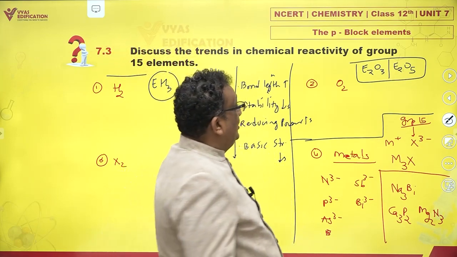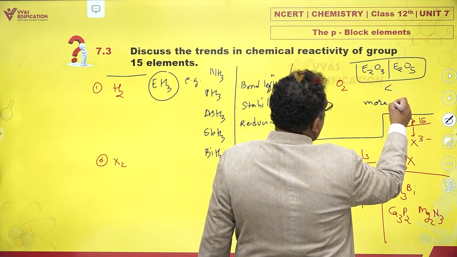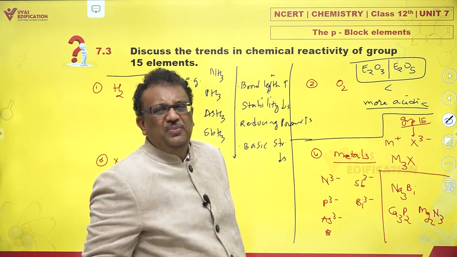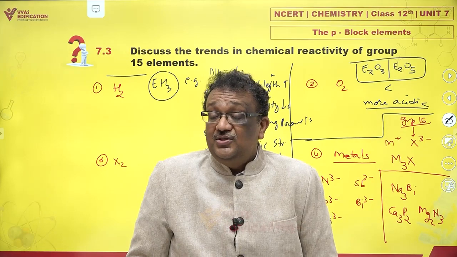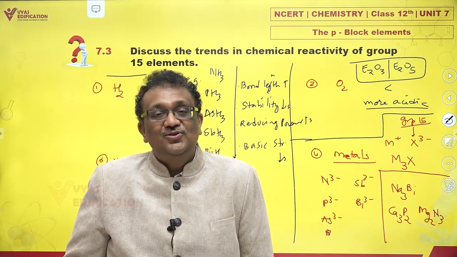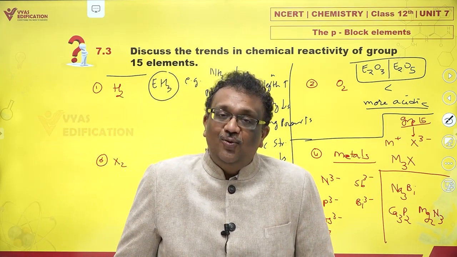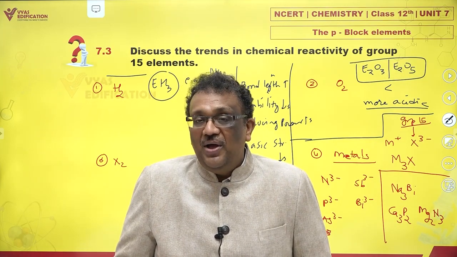And not just that, amongst E2O3 and E2O5, more acidic is the +5 state, and the +3 state is obviously relatively less acidic. But then, this is not the trend of reactivity. I know that this is not the trend, but this is the only thing which is mentioned in NCERT, and this is the only answer you're supposed to give if you want to get marks. This is match fixed.